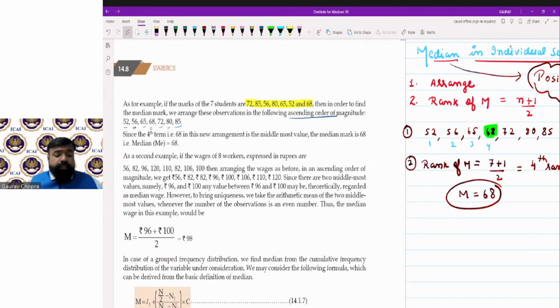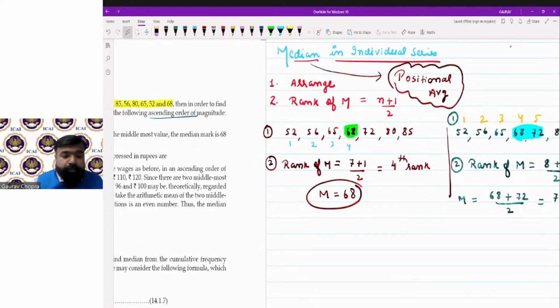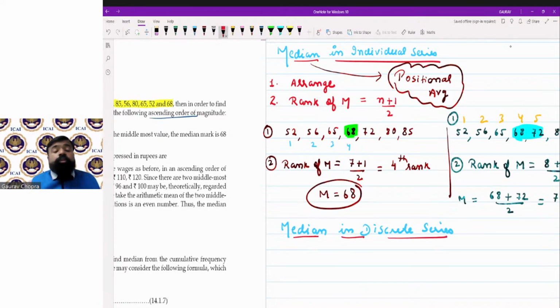So if we take discrete and continuous series, what are the steps? Let's write down median in discrete series. Here, the first step will again be to arrange the series.